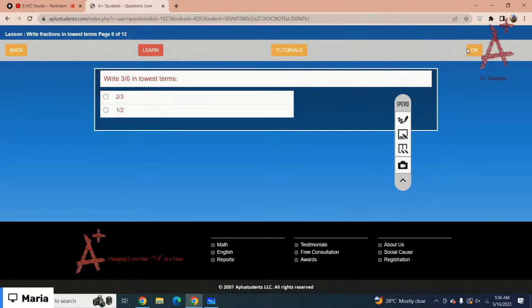Okay, write 3 by 6 in the lowest form. So which is the correct option? Yes, that would be 1 over 2.